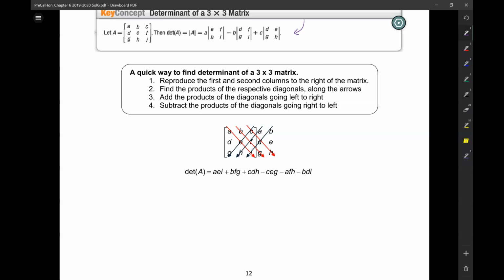You find the product of the numbers on arrows 1, 2, 3, and you add them to each other. And then you find the products of arrows 4, 5, 6, and these just get subtracted. And that works for all 3 by 3s.